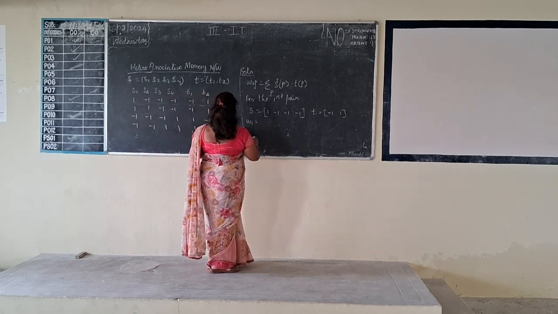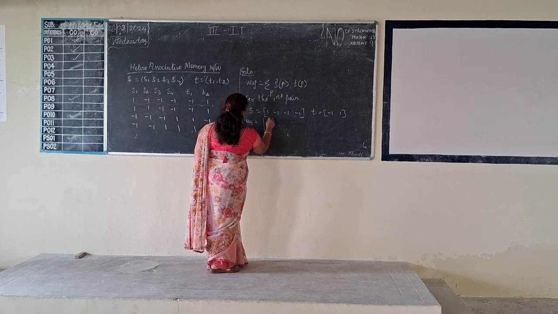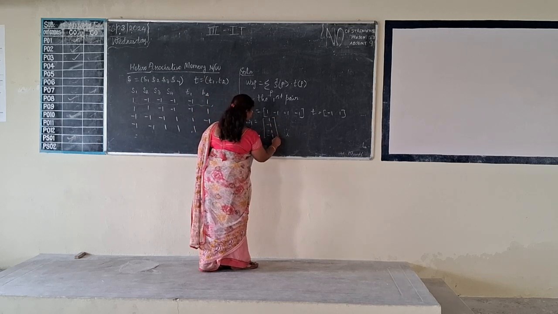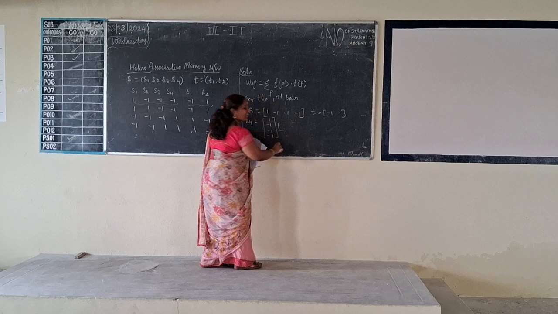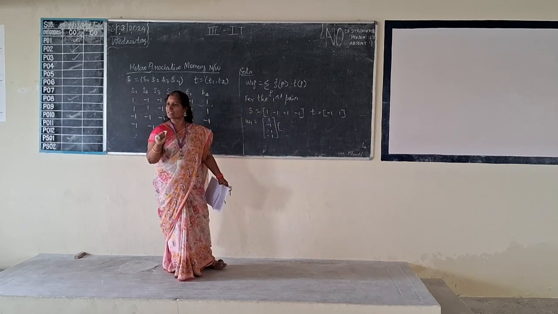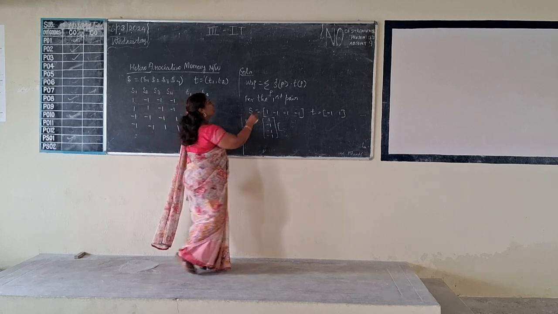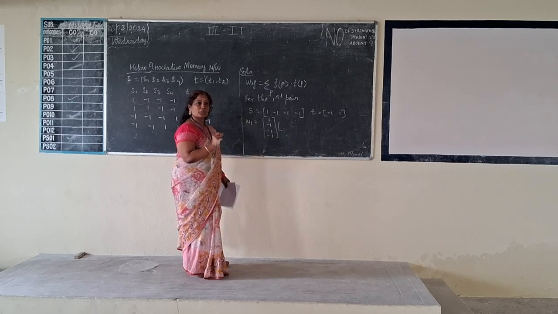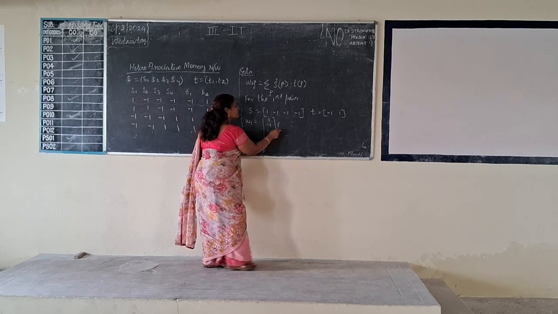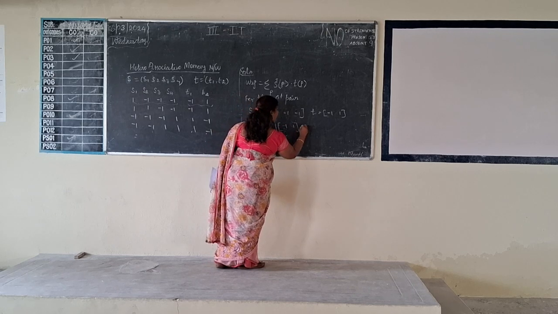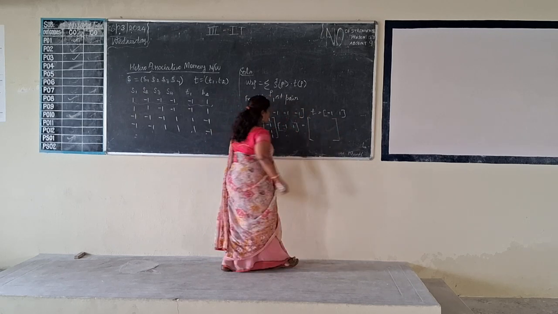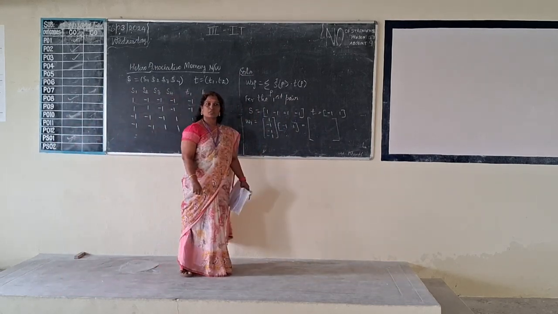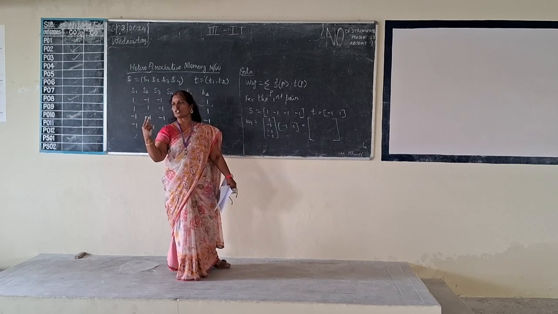So W1 is computed with the same formula: 1, minus 1, minus 1, minus 1 into T, that is the transpose of S and T. Got it? Transpose of S, that's why I have taken it like this, and then T, minus 1 and 1. Please multiply and give me the answer. It will be 4 rows with 2 columns, correct?